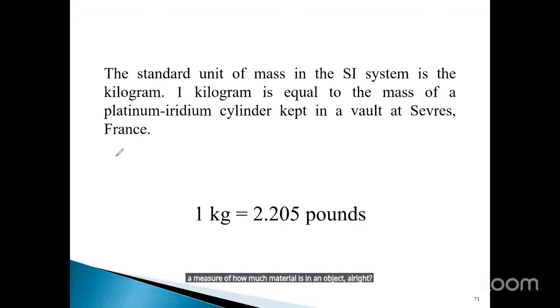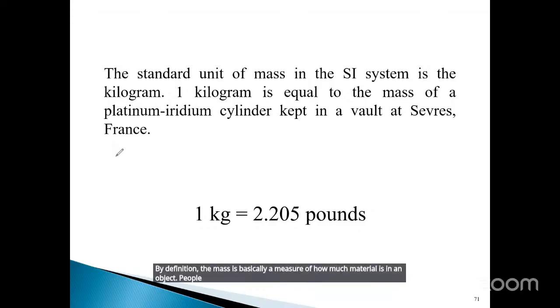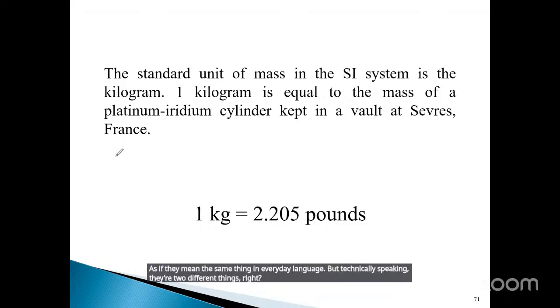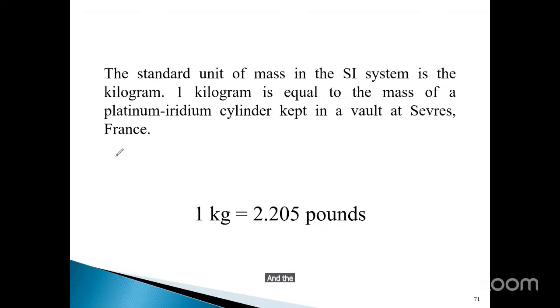People tend to use the term mass and weight as if they mean the same thing in everyday language. But technically speaking, they're two different things. The mass is the amount of material that is present in an object, and the weight is basically the force of gravity on that object.